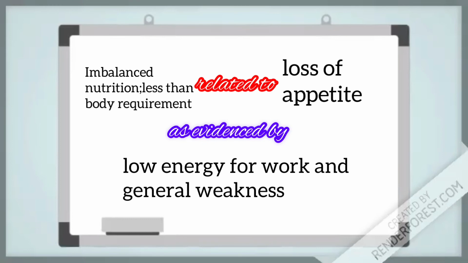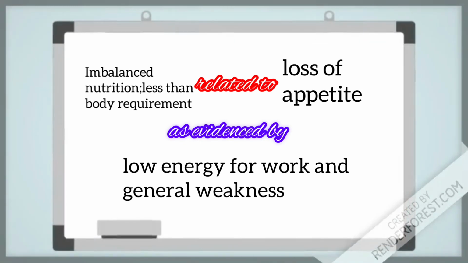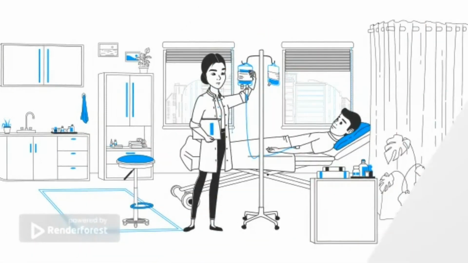Are you okay with that? So imbalanced nutrition less than body requirements related to loss of appetite as evidenced by or as manifested by, you can use any one of them, as evidenced by low energy for work and then weakness. That makes your statement about the patient's eating habits and eating states complete.